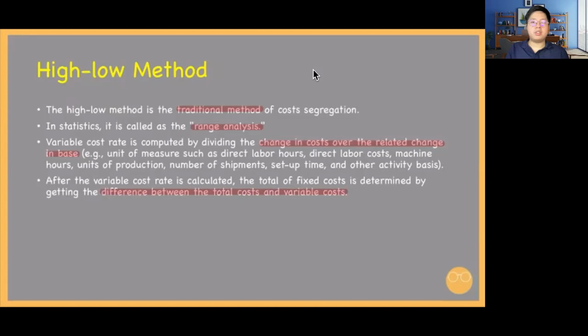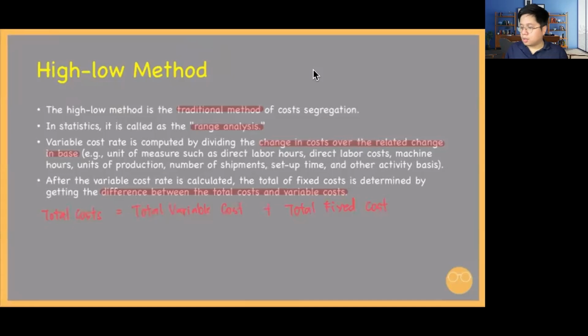After the variable cost rate is calculated, the total fixed cost is determined by getting the difference between the total cost and the variable cost. With that definition, we should be able to arrive that the total cost is equal to total variable cost plus total fixed cost.